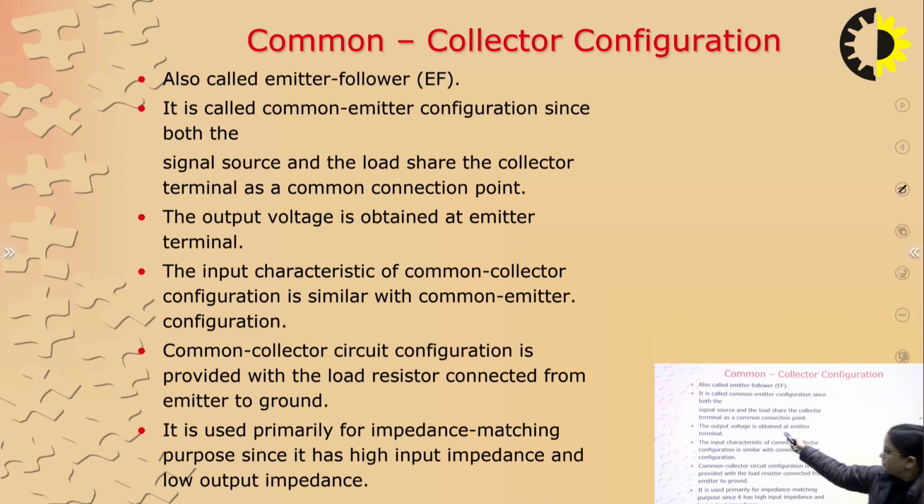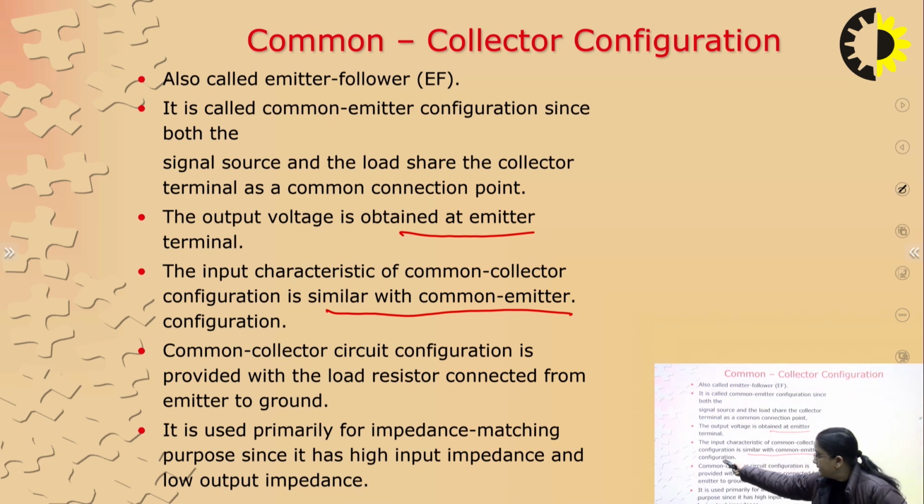That is the most important thing: we are obtaining your output voltage at the emitter terminal in this common collector configuration. The input characteristics of common collector are similar to the common emitter, but a little bit of difference is observed.